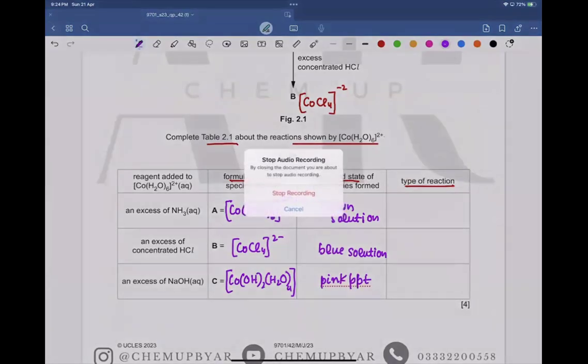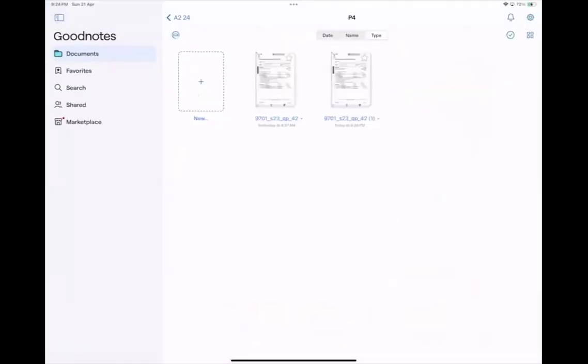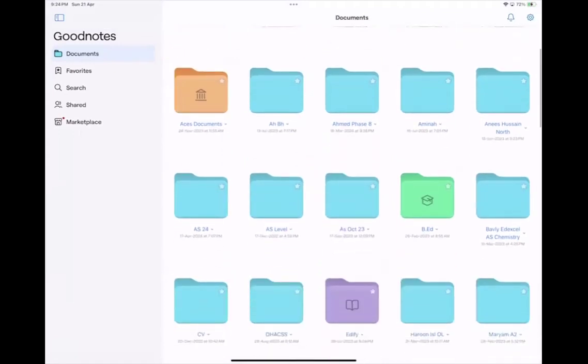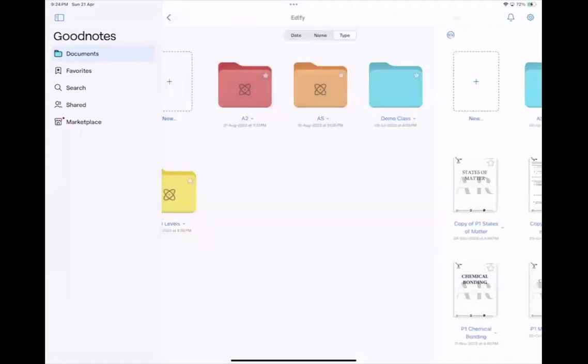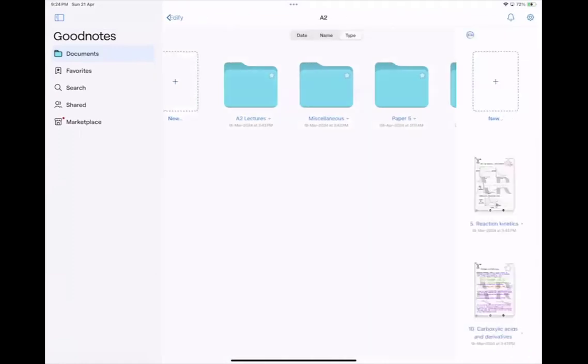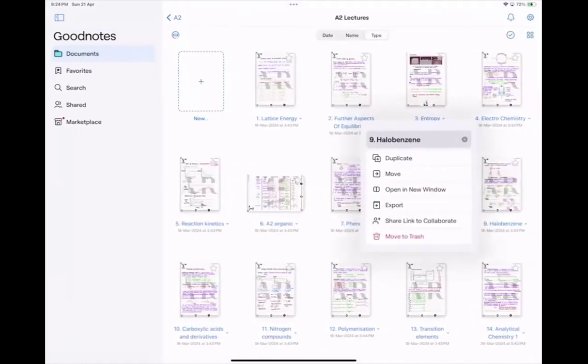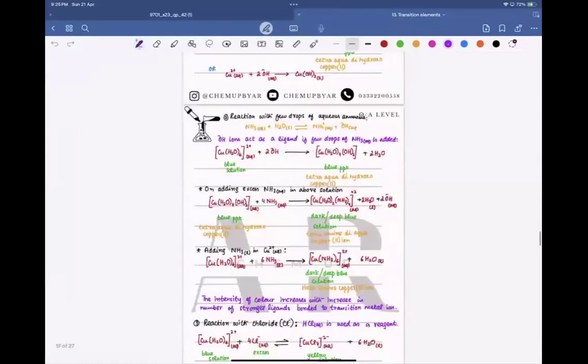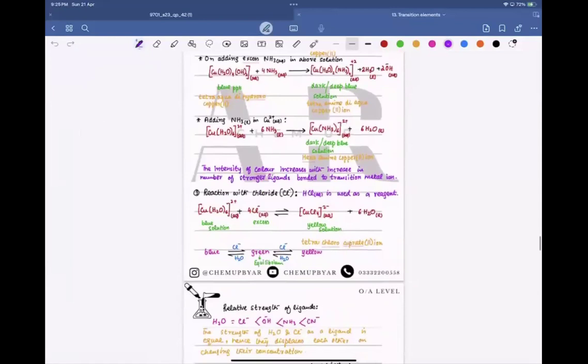Okay, let me check. I have shared the notes with you, so you can go through those notes to find these colors in the transition metals. You will find the file over here about transition metals. Yeah, here we have it. It's the reaction of copper.